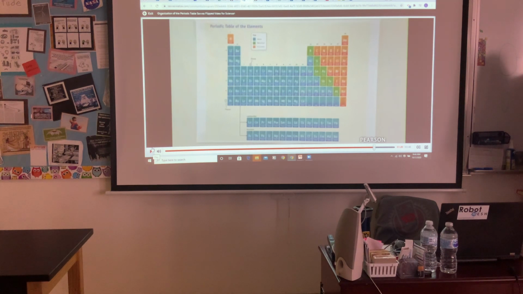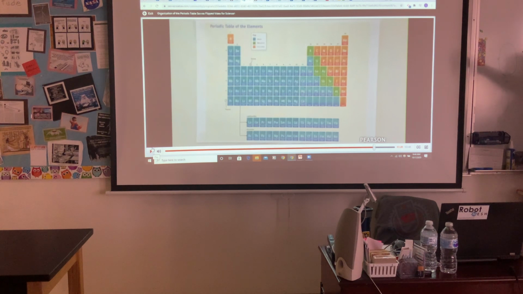Okay. Bohr looked at things and he said, okay, we have this nucleus that's made up of these different protons and electrons. But out here, he said that the electrons are in these different shells or these different energy levels.